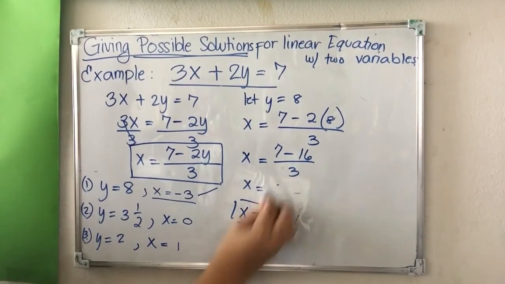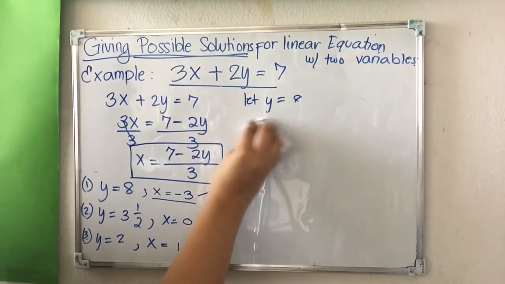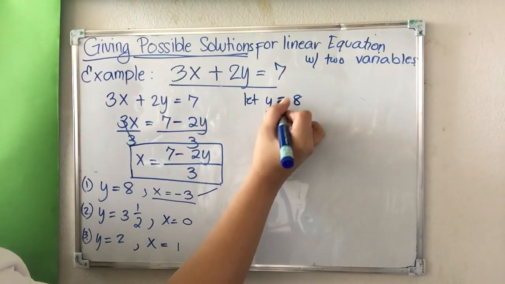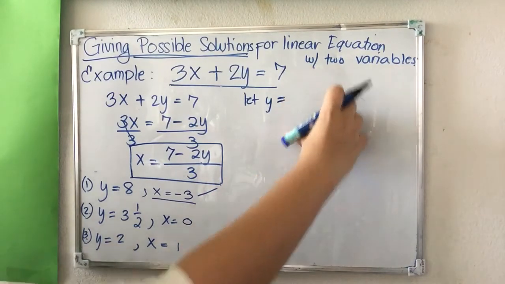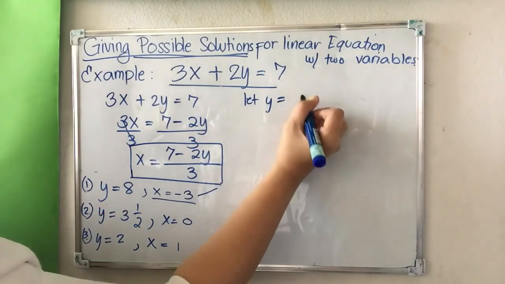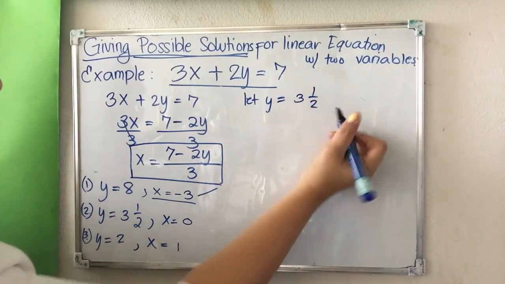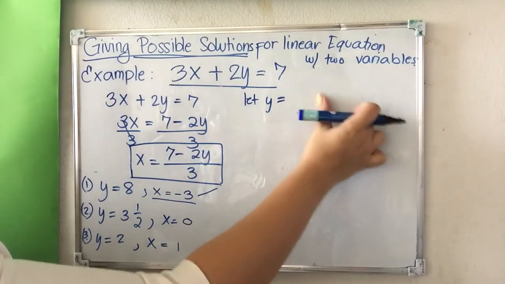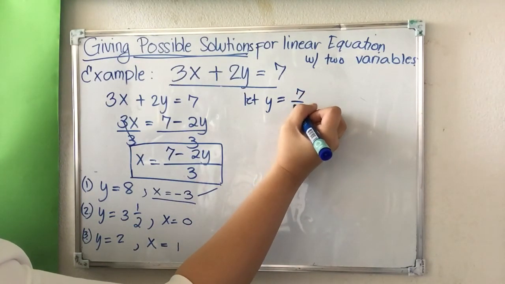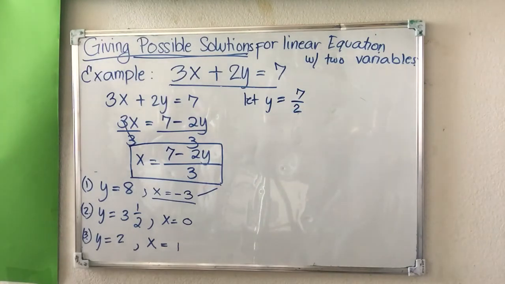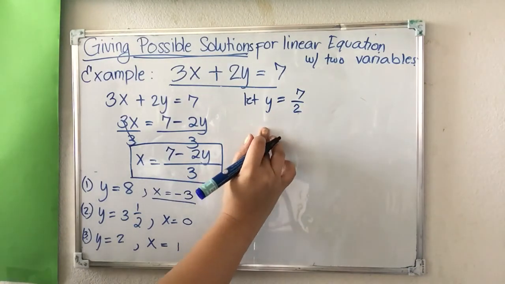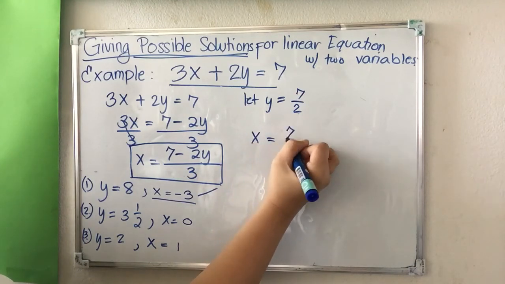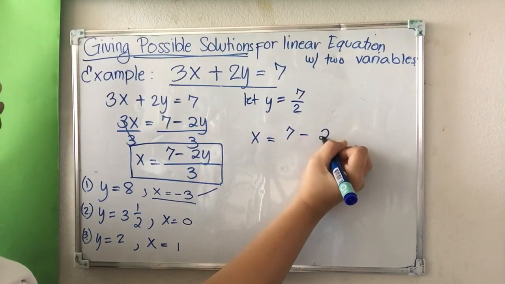Okay. So next, let's try to check if y is equal to 3.5. That is 3.5, or we can use 7 over 2. Now here we have x is equal to 7 minus 2 times y over 3.